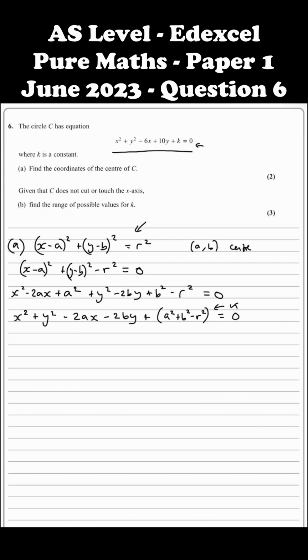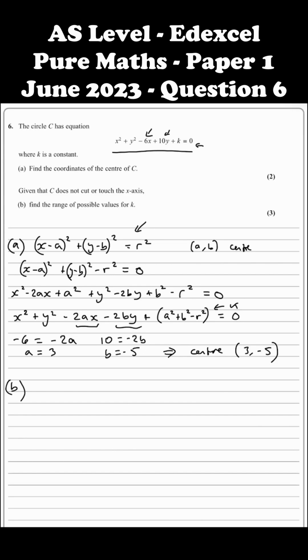So we can then see that we've got minus 6 lots of x here, and we've got minus 2ax here, so minus 6 equals minus 2a, and similarly we've got 10y here, and minus 2by down the bottom. So a equals 3, b equals minus 5, therefore the centre of the circle is (3, minus 5).